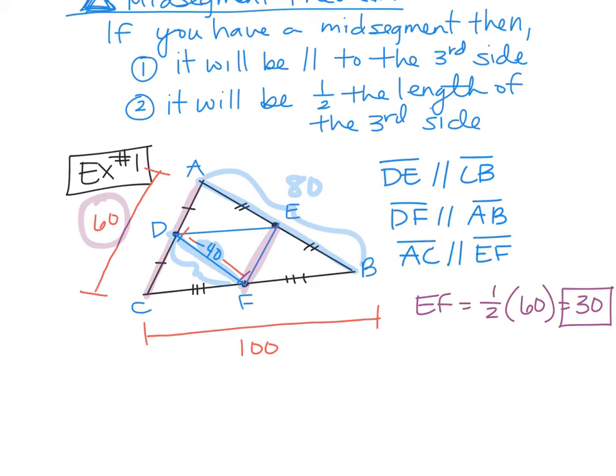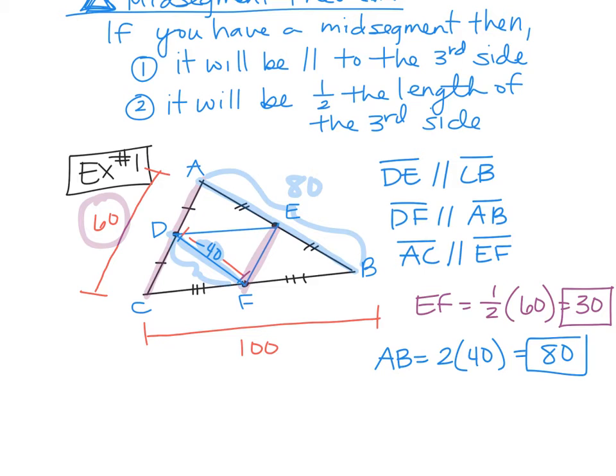So don't be the one that does it, is my request, okay? Because if all of you don't, then it doesn't happen anymore. So just pay attention to what makes sense. If that segment is 40, then the segment across from it, AB, would have to be double that, right? So we would say AB is double 40, so AB is 80.